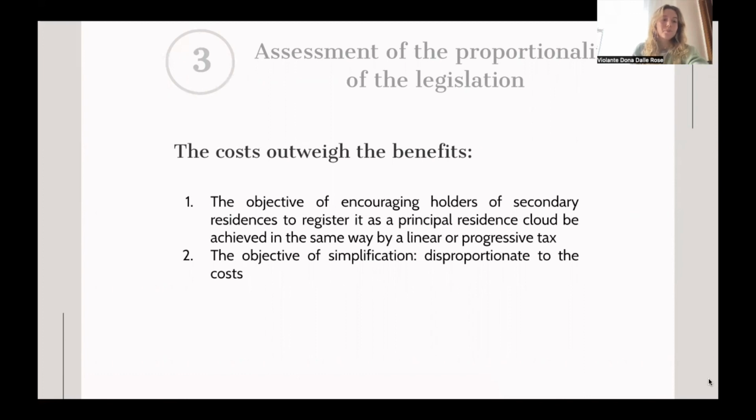So it's basically not enough as a simplification criteria. So thus, the court concludes that the proportionality of costs and benefits does not justify the unequal treatment caused by a degressive tax scale for expenditure taxes at the level of the municipality in the form of secondary residence taxes.